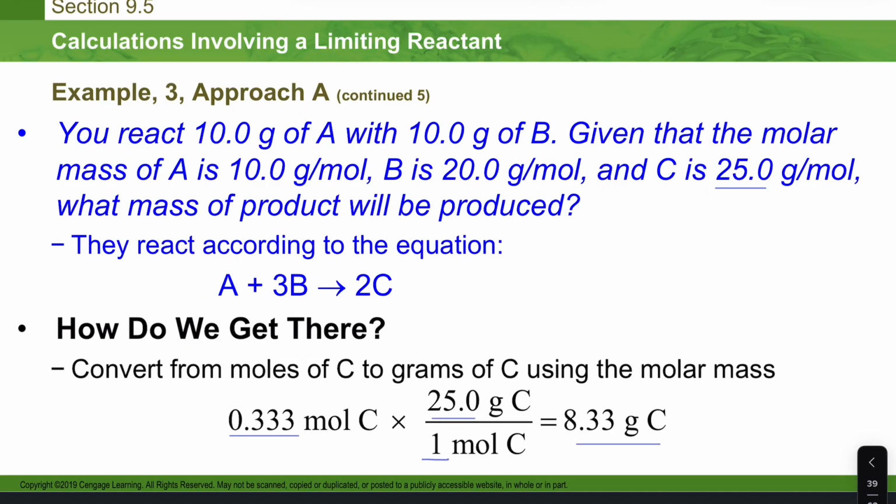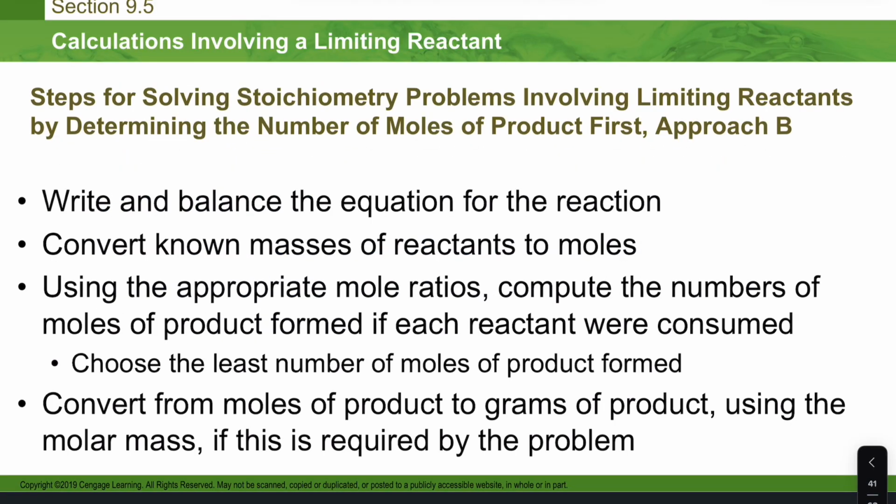So, continuing, we can also do this in a different way. Approach A was we converted from the number of one reactant to another, but we can also approach this by finding the amount of product that was formed. So again, start by balancing the reaction.